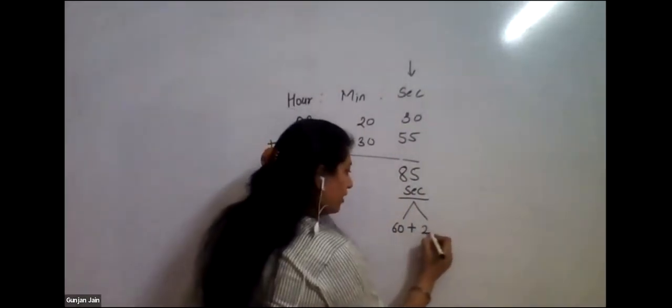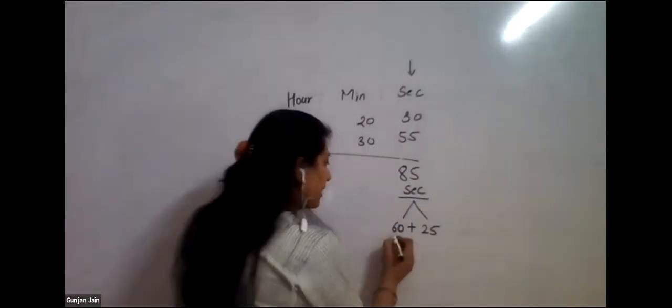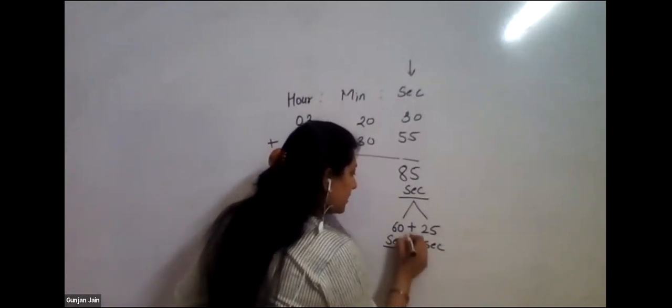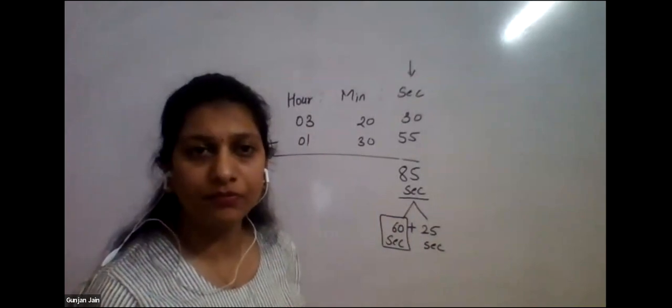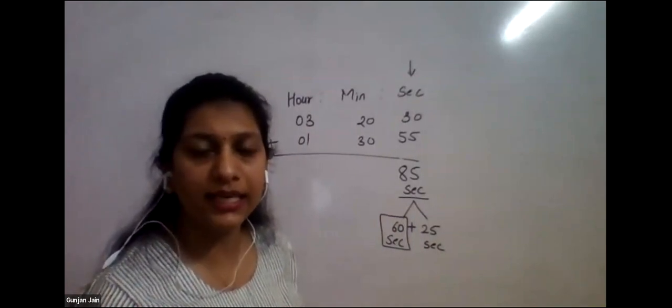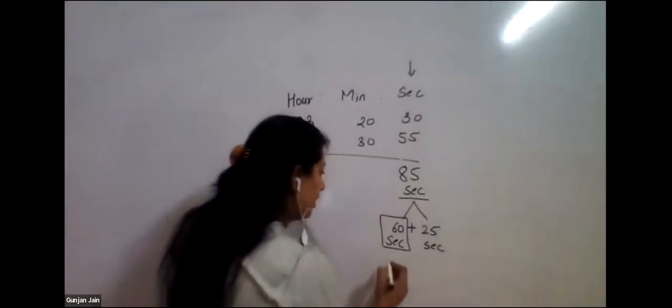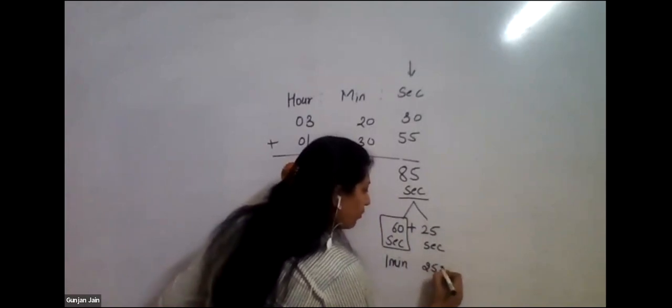Yes, 25. So we can write 85 as 60 seconds plus 25 seconds. Now, 60 seconds is equal to how many minutes? Just now you have given the answer, 1 minute. So we can write 1 minute 25 seconds for this.